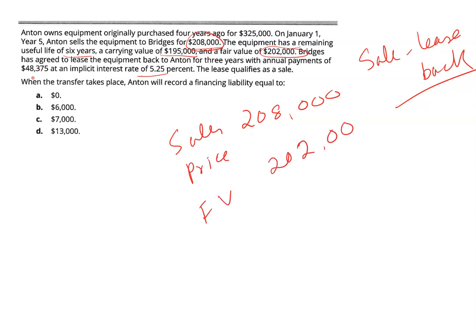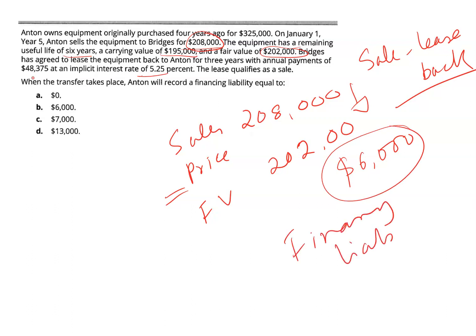So these should be equal, and the sales price needs to be reduced by $6,000. If we need to reduce the sales price, we will record it as a liability. It's the credit side, because we are also excluding it from the gain on the sale. And if we need to increase the sales price to make it equal to fair value, then we just debit it as prepaid rent. So in this case, we have to reduce it, and this will be the financing liability.